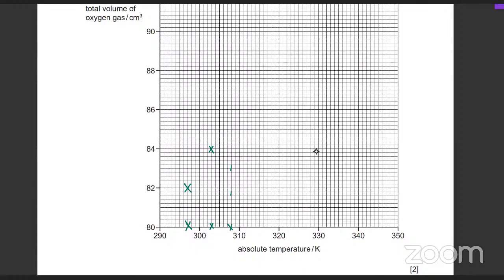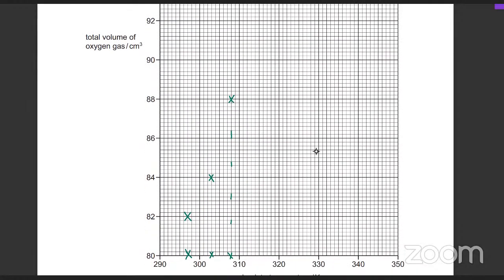All the way up, it's this one. 313 and 88. 313 again, 88. So 313, that's again 88. 318, 89.